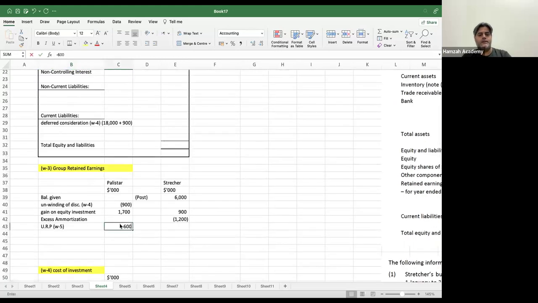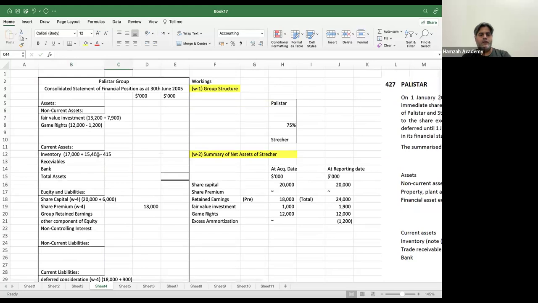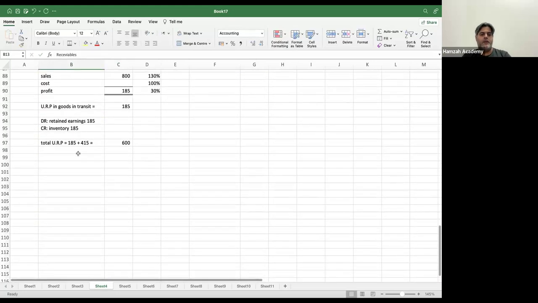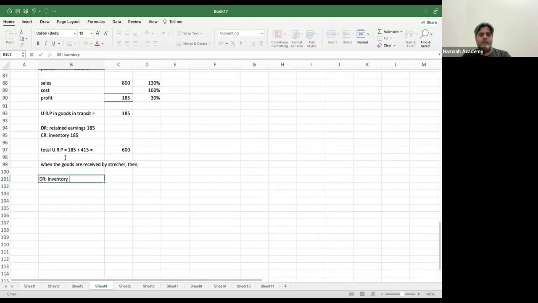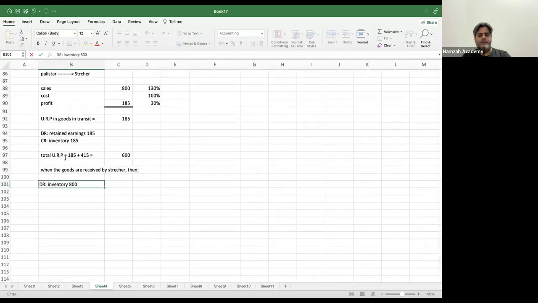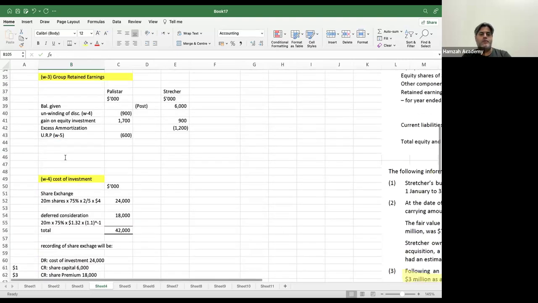So I'm going to minus 600 from here, 600 from here. Then when the goods are received by Stretcher, then debit inventory with 800, credit payables with 800. Eliminate the intercompany balance.